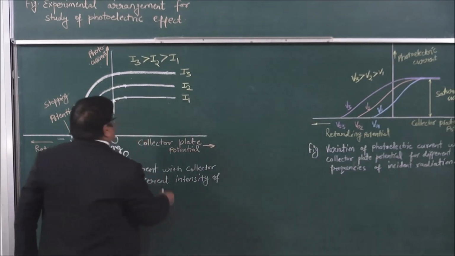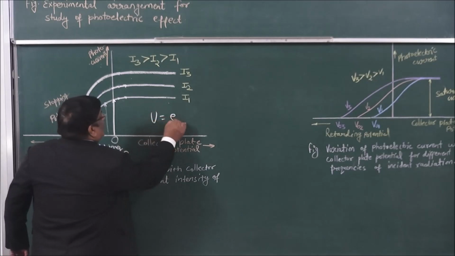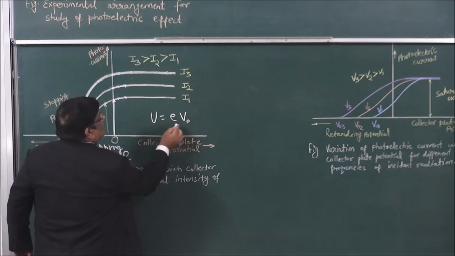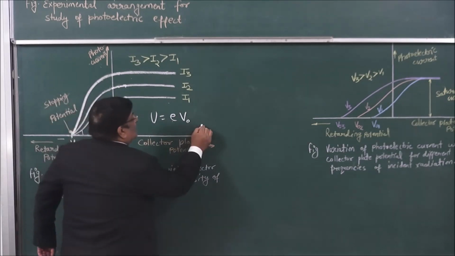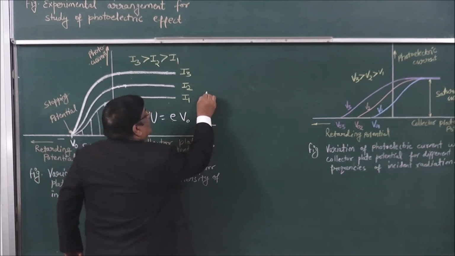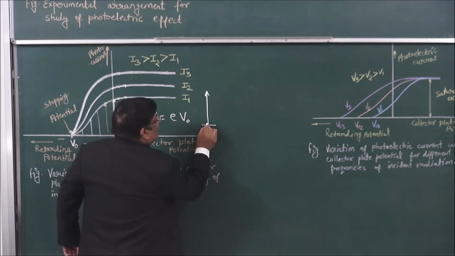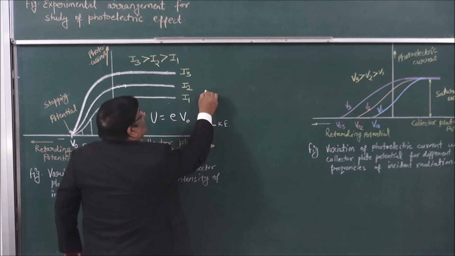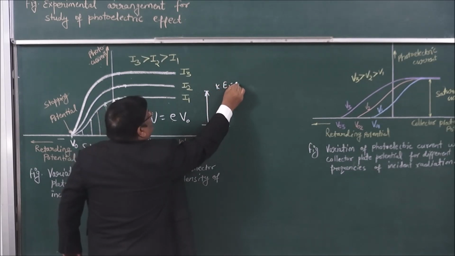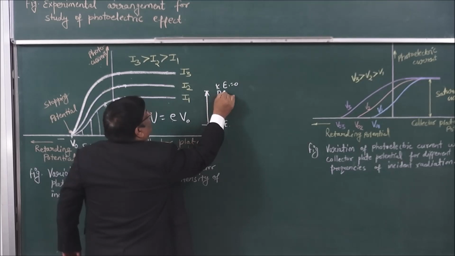That potential energy is charge into potential. When we throw a ball upward, here it has kinetic energy. When it reaches here, the kinetic energy has become 0, and what it has is potential energy.